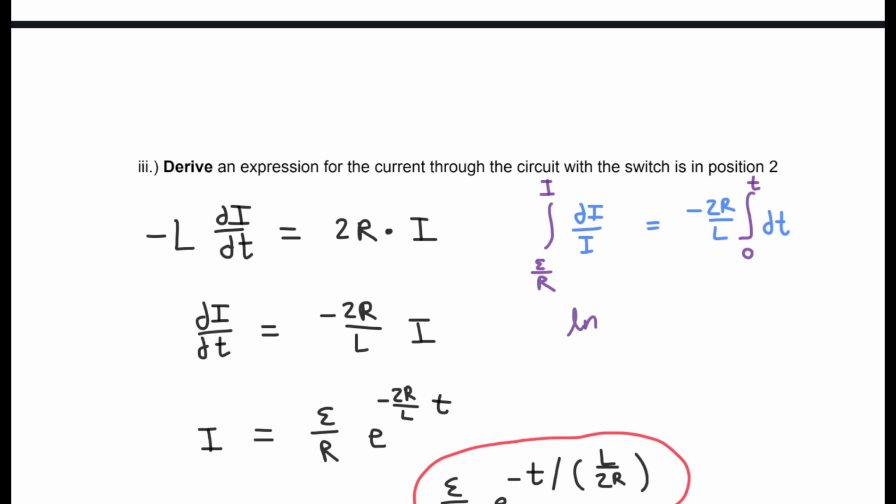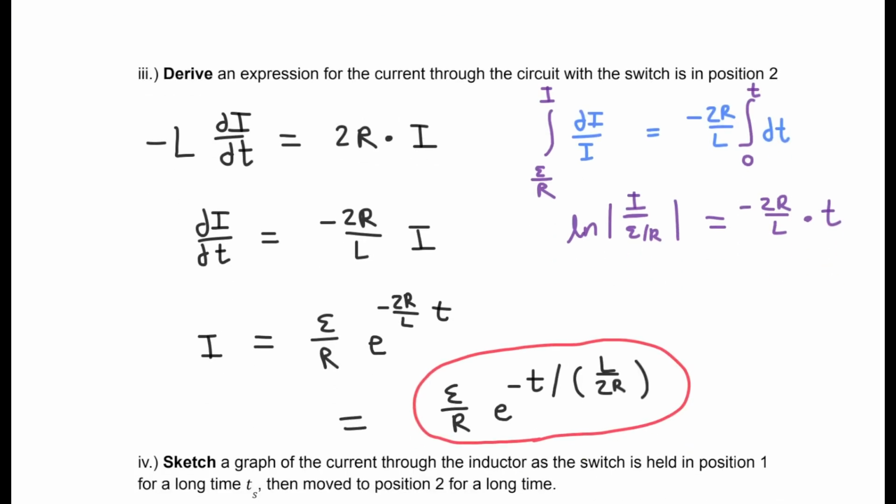So we'd get ln of I divided by epsilon over R is equal to negative 2R over L times t. And we can see by exponentiating both sides of this, we do in fact get the original relationship that we think we'd get, where I would be equal to epsilon over R times e to the minus 2R over L times t.